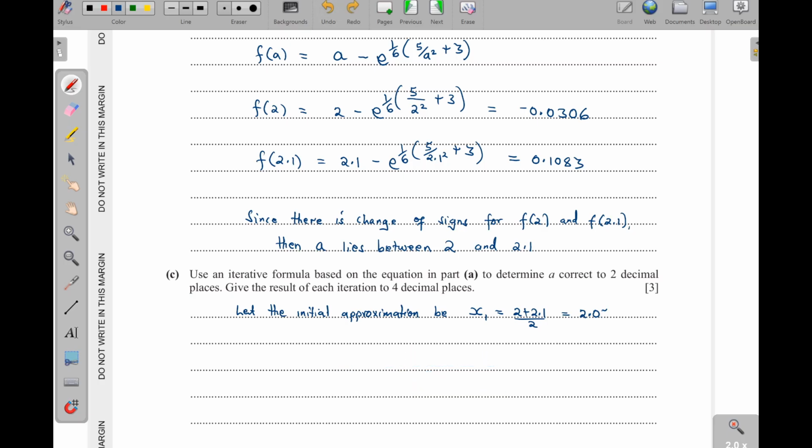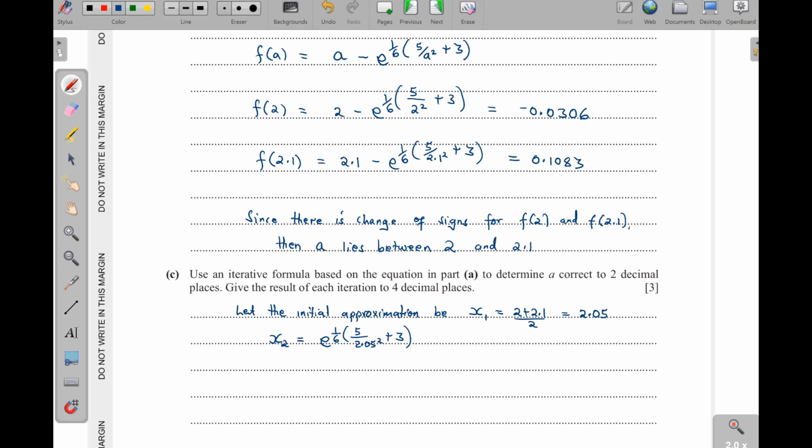Okay, then what else do we have? So let's get our x2. I'll just show the examiner that I've substituted in here, but you don't need to show each and every step. Our a here, the first one, is 2.05. It has to be squared, then plus the 3.